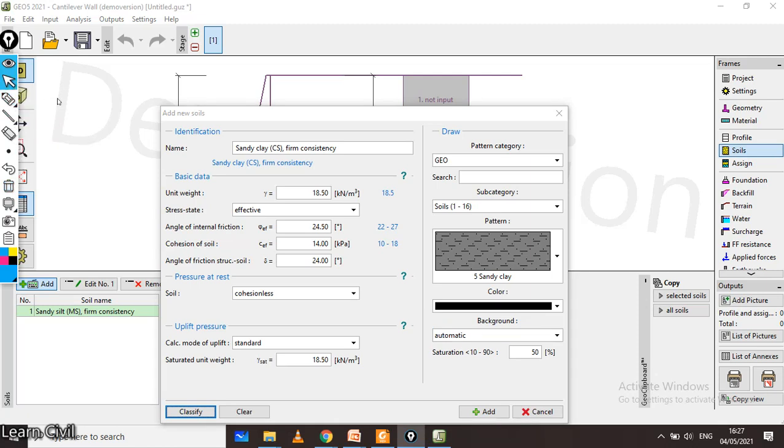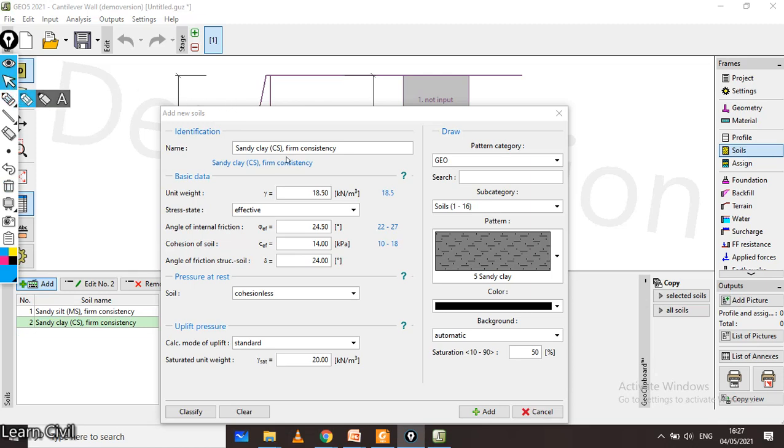You have to provide the value of gamma as 18.5, the angle of friction should be 24, and gamma saturated, let us consider we have gamma saturated as 20 kilonewton per cubic meter. Click on add, you can see here the second soil property of sandy clay is generated.